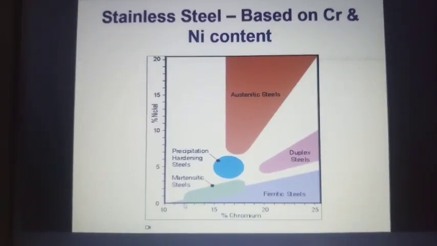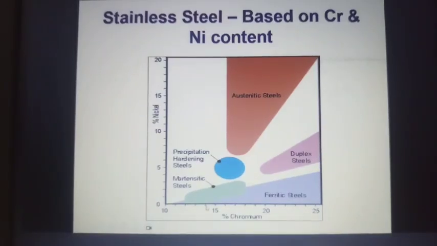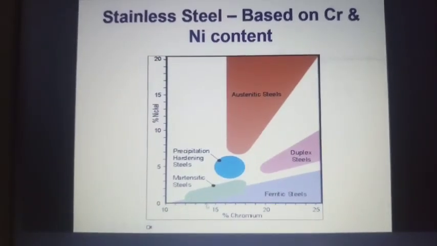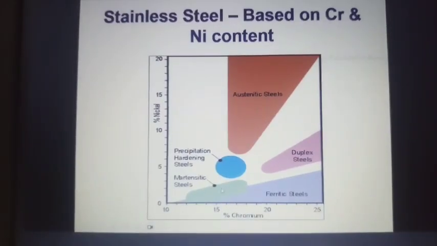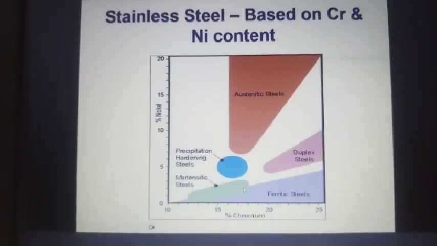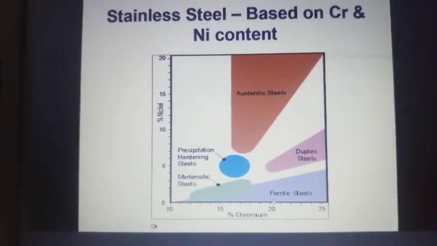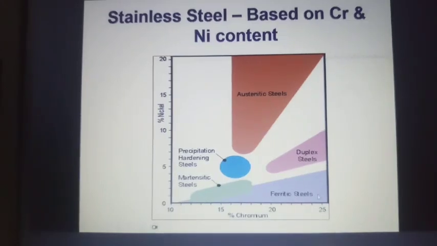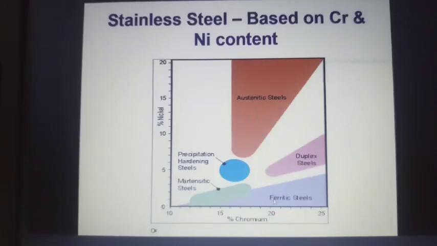From 12% up to 18% roughly, 12% up to 14%, only chromium is there and it is martensitic. But after 14%, you have to add a bit of nickel to keep it as martensitic stainless steel. And after some 18%, if you add more chromium, even with nickel, it becomes a ferritic stainless steel. So this is how the balance of chemical composition results in the phases.